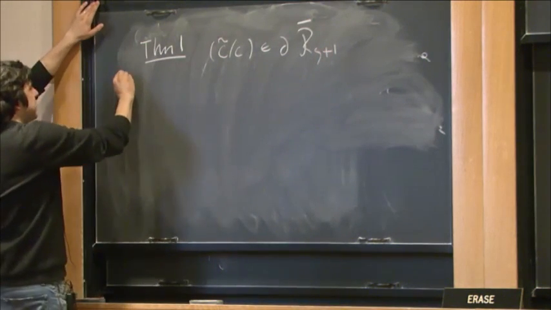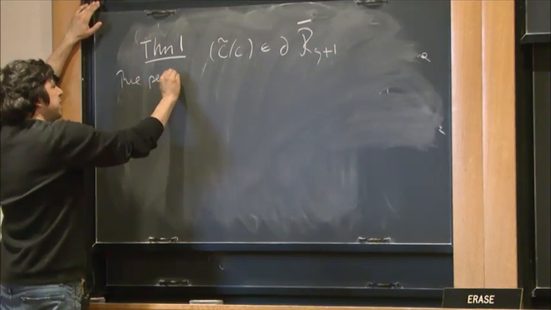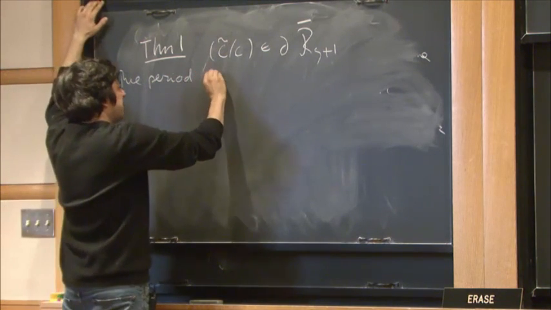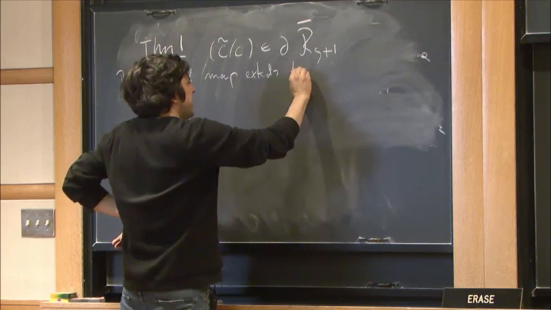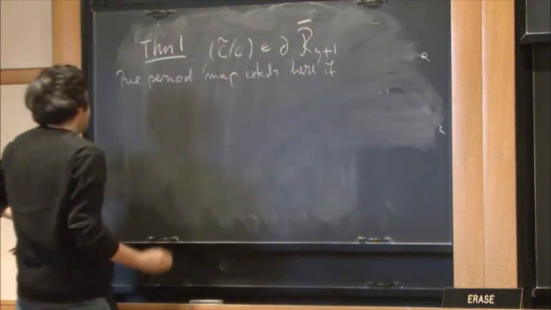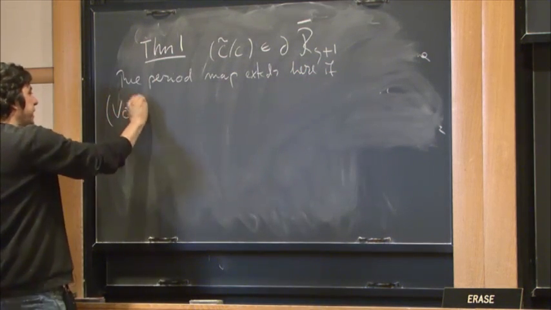And the statement is the period map extends here if, and we have the condition, the Voronoi case.